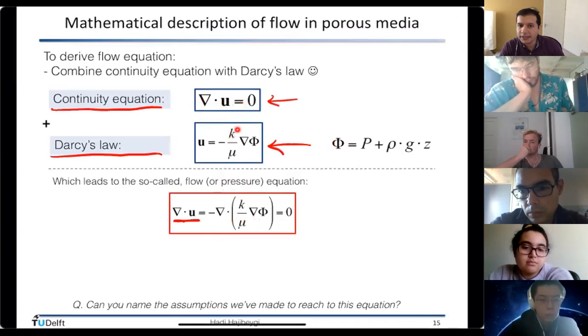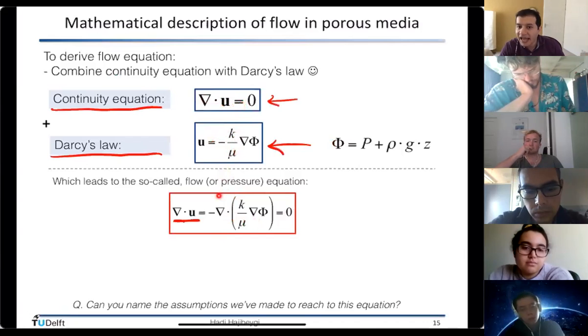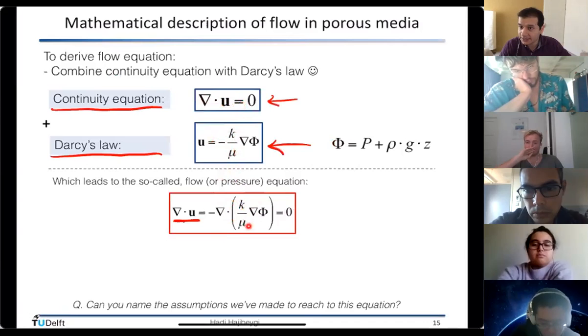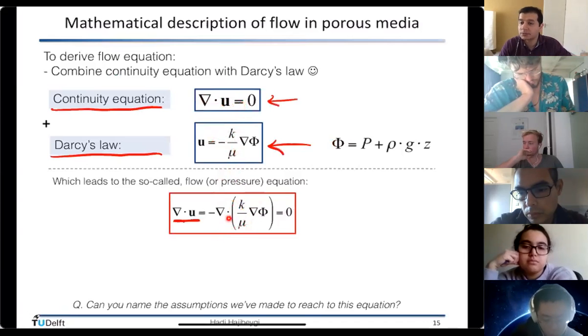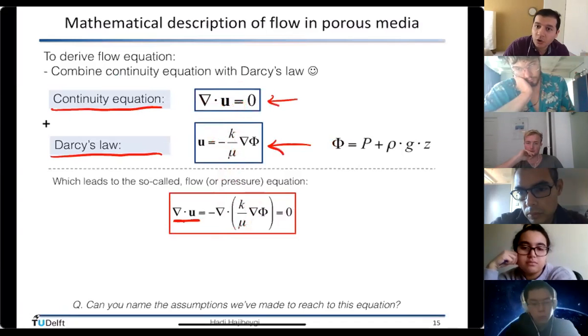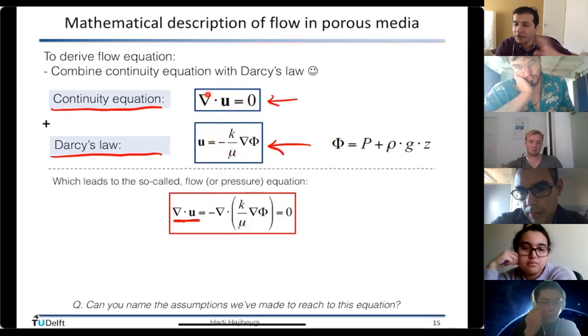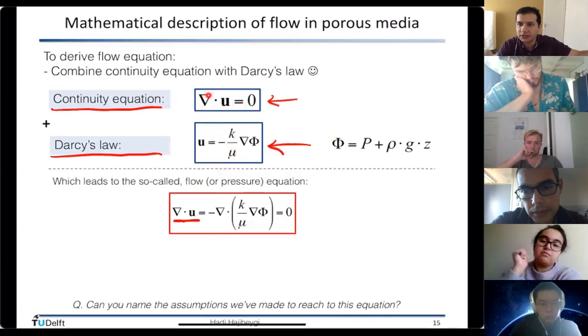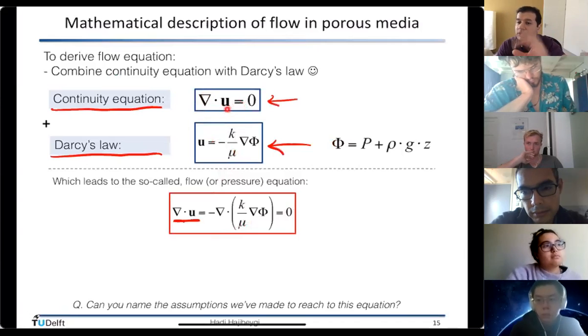When you combine it with Darcy's law, you add all the assumptions that Darcy's law has in order to reach this pressure equation. Divergence U holds irrespective of porous or non-porous media, irrespective of Darcy or Forchheimer or whatever. Always, due to continuity, due to mass conservation, divergence U should be 0.